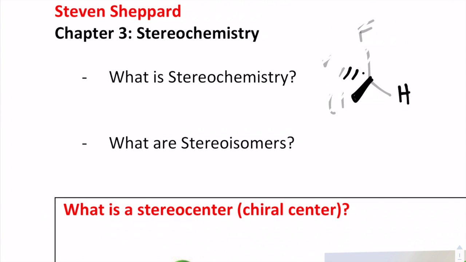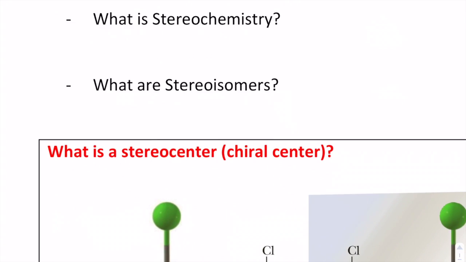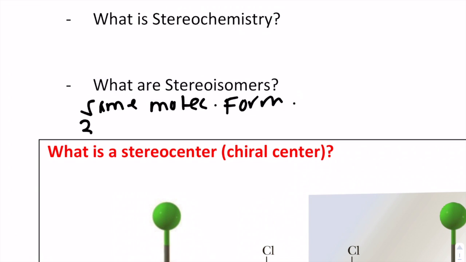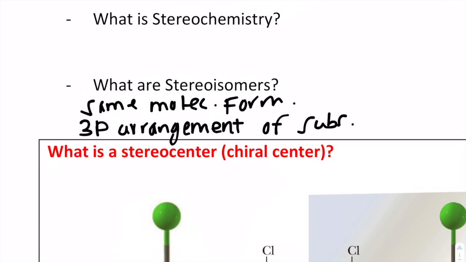Okay? So what is a stereoisomer? Stereoisomers are molecules that have the same exact molecular formula, but they differ in their 3D arrangement of substituents in space.